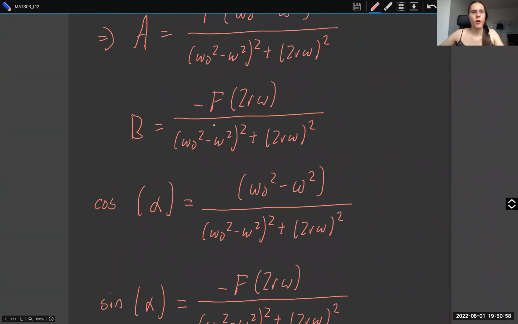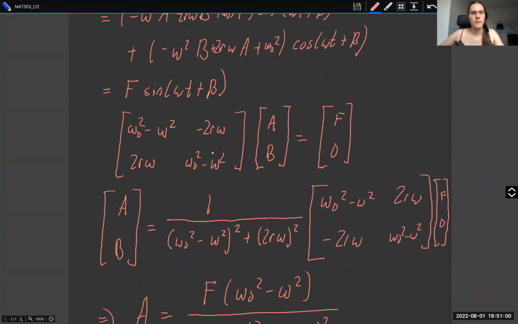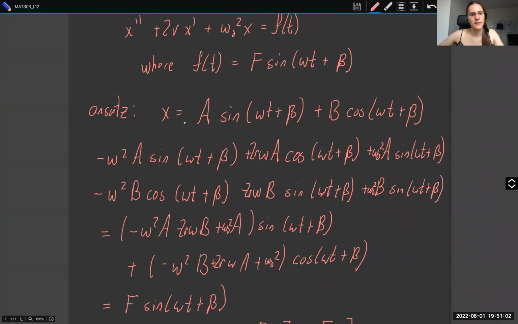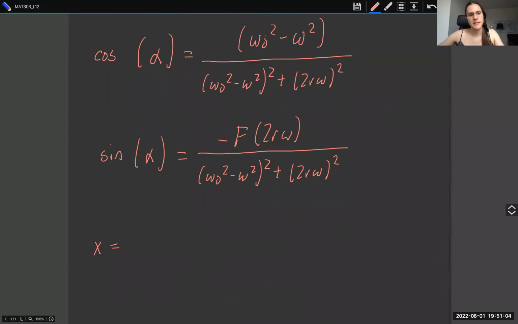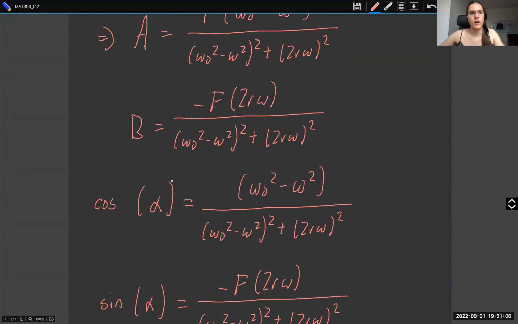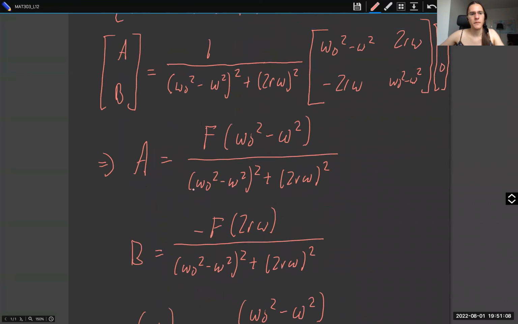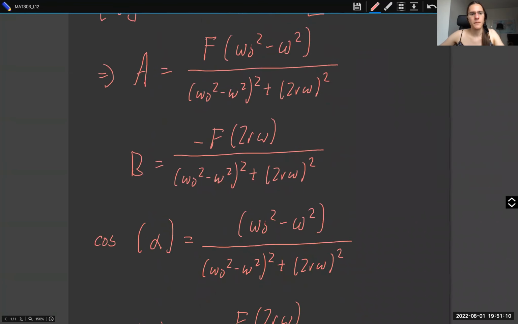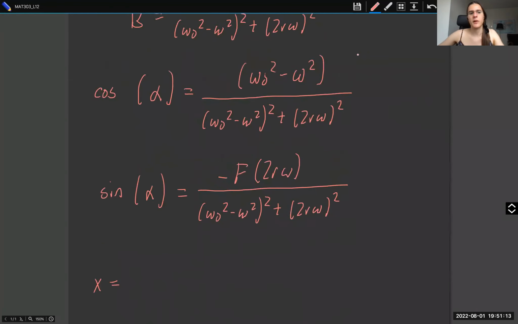So what I get overall is that x by my ansatz is equal to, oh, I should remove the F here and I want to remove the negative sign as well.